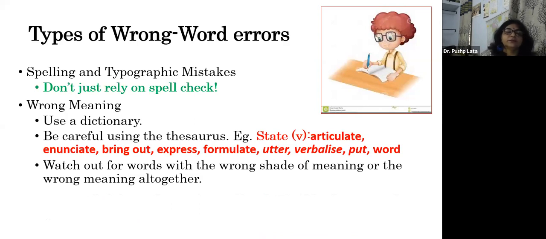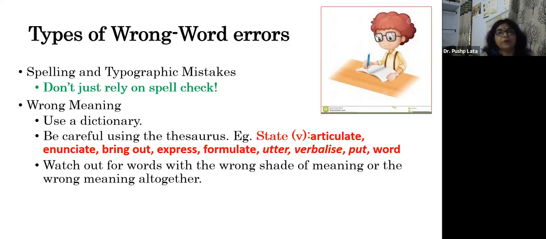Wrong meaning. Sometimes we just change the synonym, as I mentioned earlier, but we need to see it should fit in there. We should use the dictionary, we should refer to the thesaurus, we should check out for the finer differences between the two words. For example, for state, you can have articulate, but it's not that you will be using enunciate everywhere. You cannot do that. It's not the perfect replacement. Bring about, express, formulate.